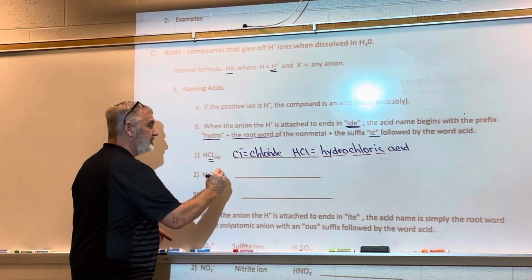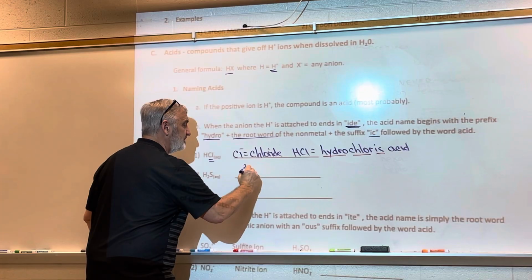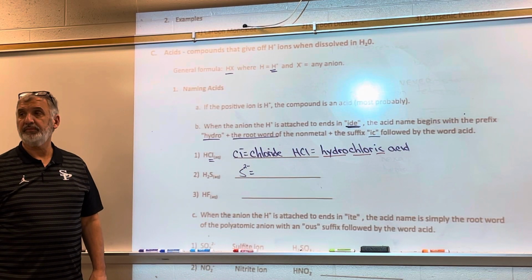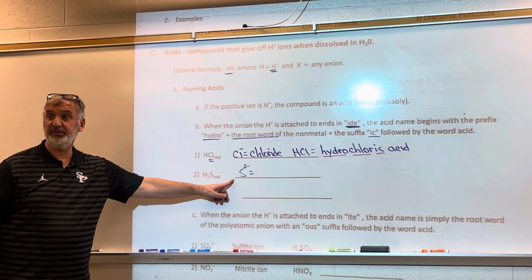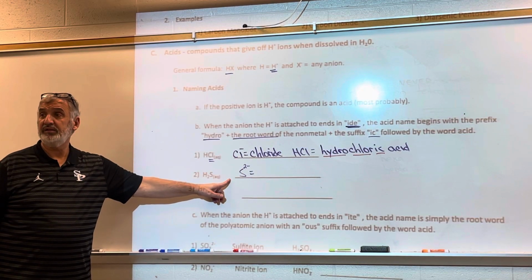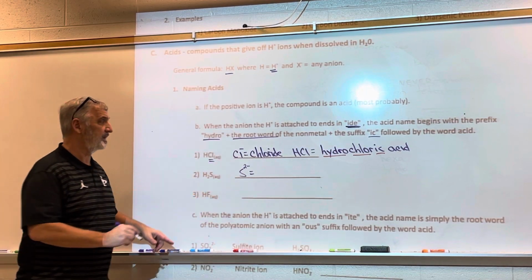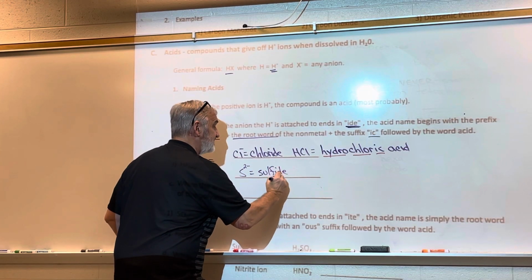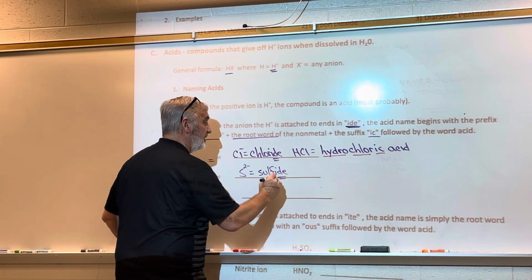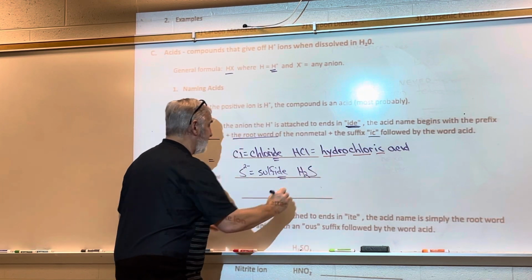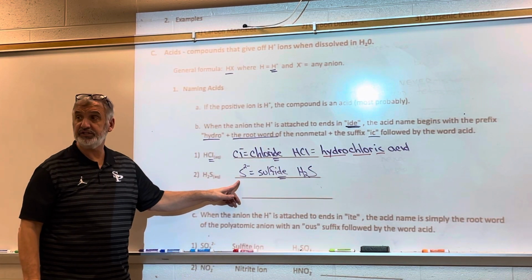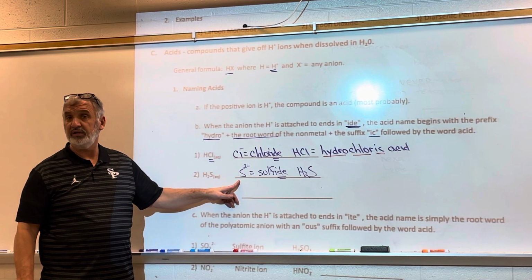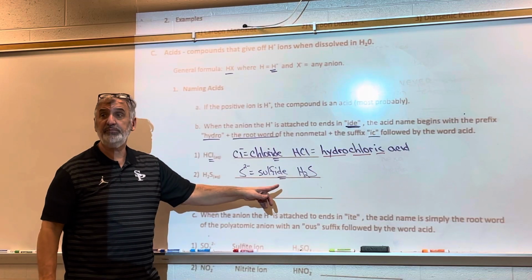So S2 minus is going to be called what? Well, just the name of the anion. You jumped ahead of me. That's sulfide. Again, it's ide. So H2S. Notice because it's -2, I need 2 hydrogens to make it the acid to balance it out, because each hydrogen's +1. So now it's going to be what?